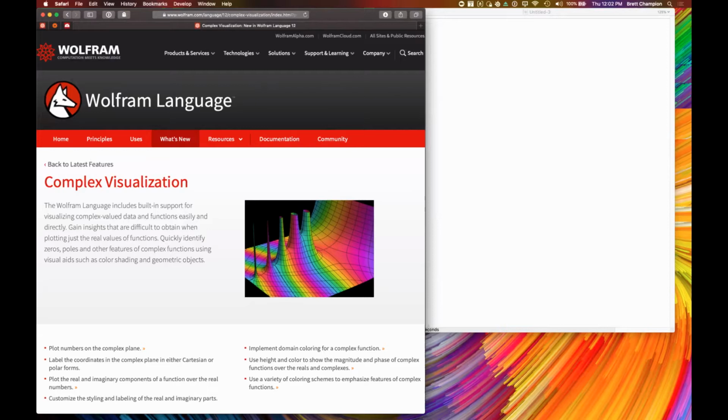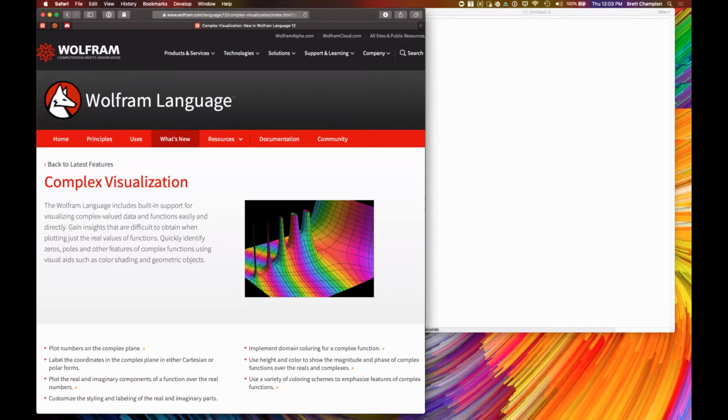But we wanted to make these more straightforward and have built-in functionality for that, because a lot of these functions are really interesting, especially once you get off the real line and are looking at the full generality over the complex plane.